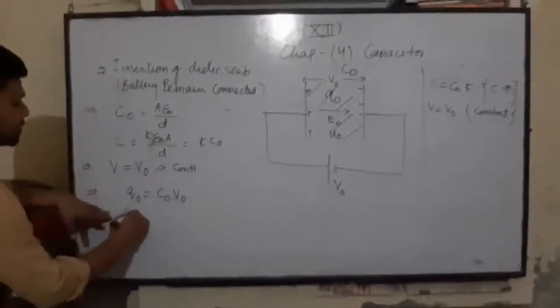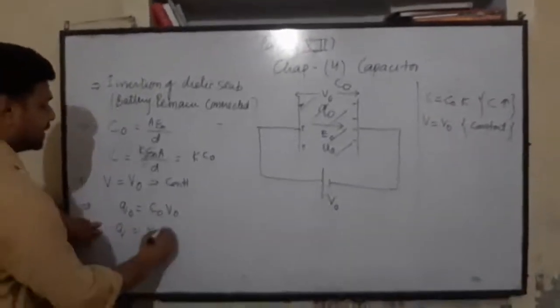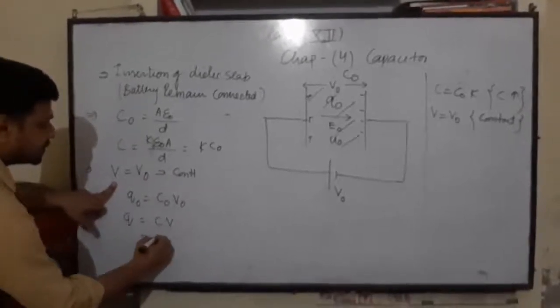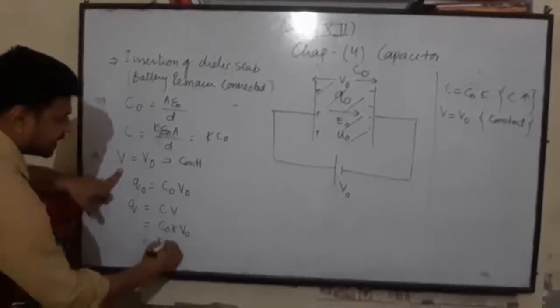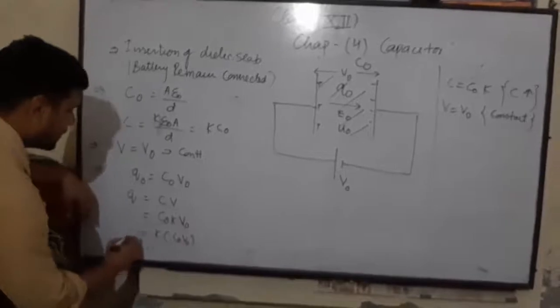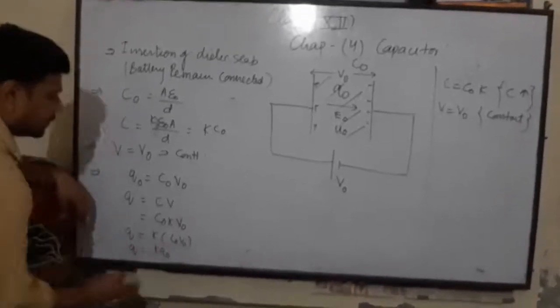So the final charge Q is equal to the final capacitance C and the final potential, which is constant, V. So C is equal to C naught K and V naught, we can write K C naught V naught, or we can write Q is equal to K Q naught.